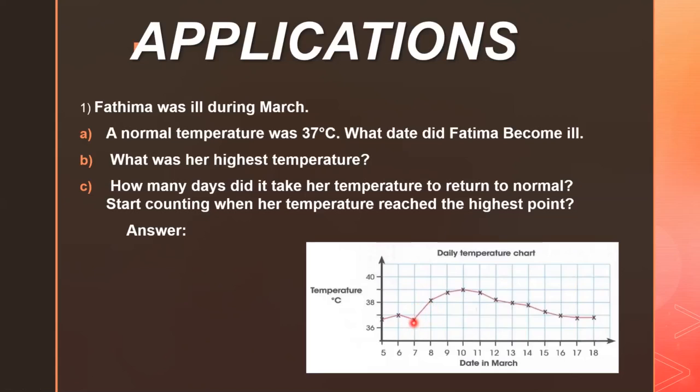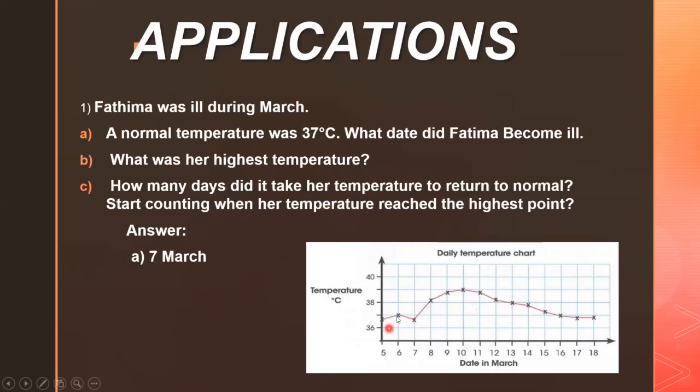But you can see in between 7 and 8, this is the 7th day. So on 7th March, the temperature rises above 37 degrees Celsius. So what day did Fatima become ill? It's on 7th March. Okay.